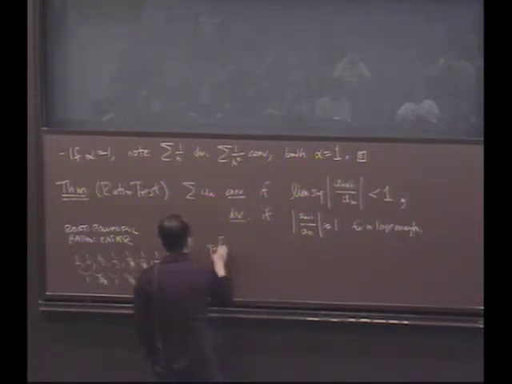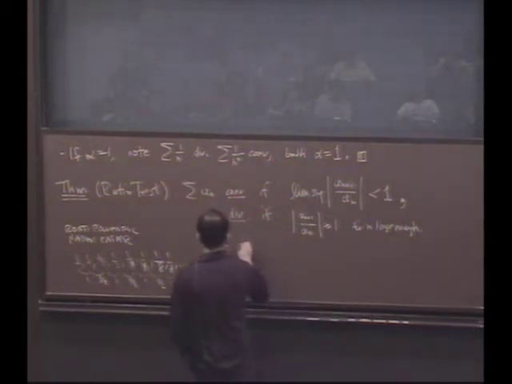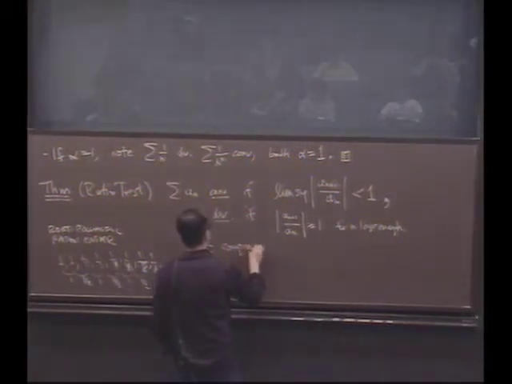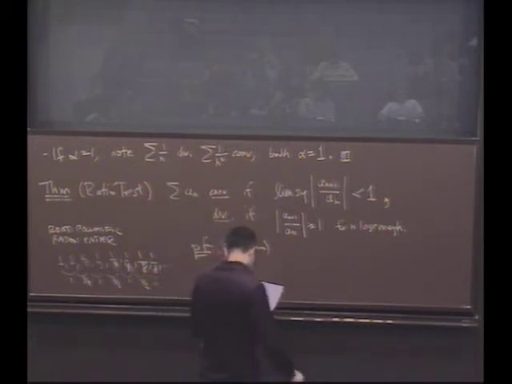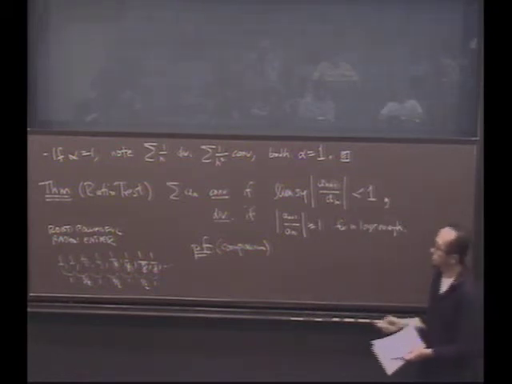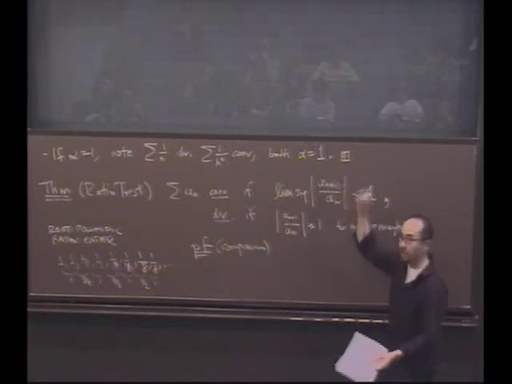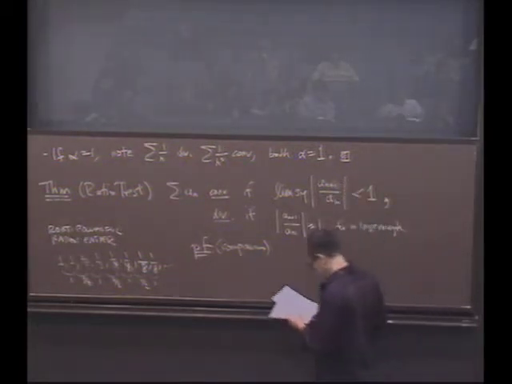Okay, so how are we going to prove it? Comparison again. And I'll just sketch this for you. Would you agree that because the lim sup is less than 1, once again, there's a beta in between for which this is eventually less than beta? That's the same idea.